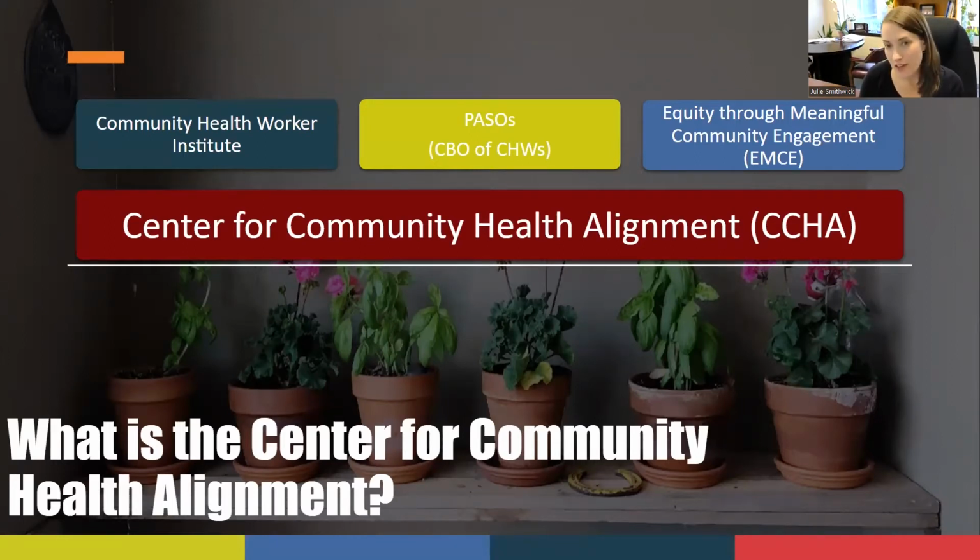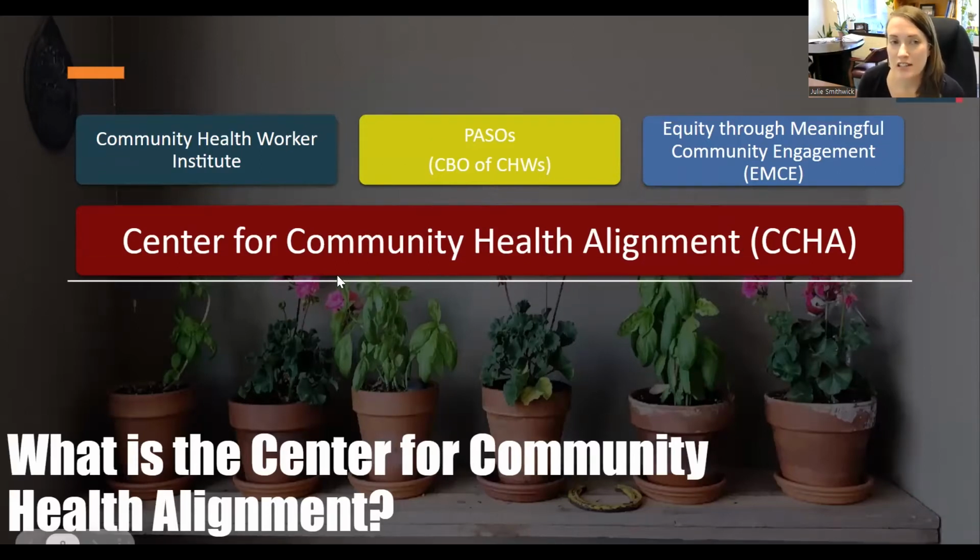So one of the partners in Envision is us here from the Center for Community Health Alignment. We are based at the School of Public Health at the University of South Carolina. And the Center for Community Health Alignment, we call it a flower pot, because really what it is is an organization that holds other entities that have a lot of synergy between them.